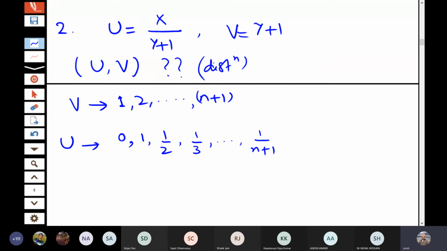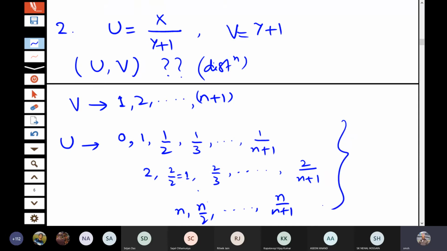So if x is equal to 0, it will remain 0. If x is equal to 1, then it can take values 1, 1 by 2, 1 by 3 up to 1 by n plus 1. Then it can take values 2, then 2 by 2, that is again 1 of course, then 2 by 3 and so on, 2 by n plus 1 and so on. Finally n, n by 2 and so on, n by n plus 1. So this is a set of values that you can take.